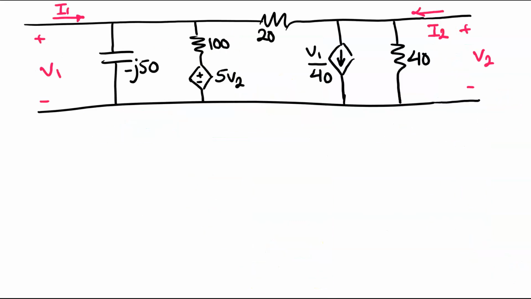Then you prefer to solve two completely separated scenarios, one with short-circuited output and one with open-circuited output. But sometimes short-circuiting or open-circuiting really doesn't change too much. Your calculation is not going to be significantly easier by applying a short circuit or open circuit to your output terminal.